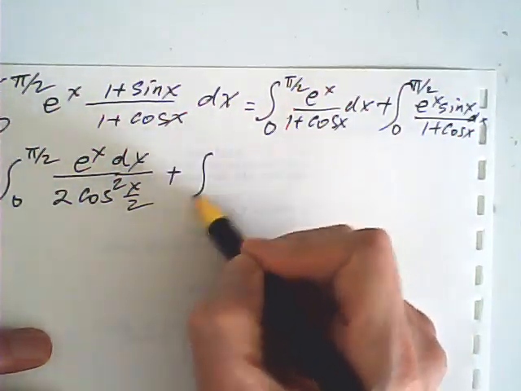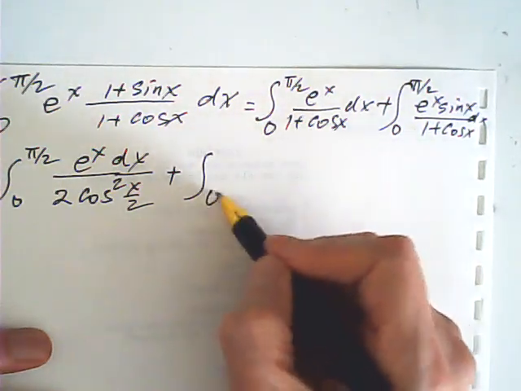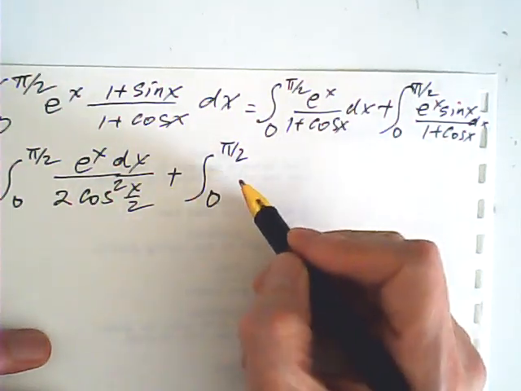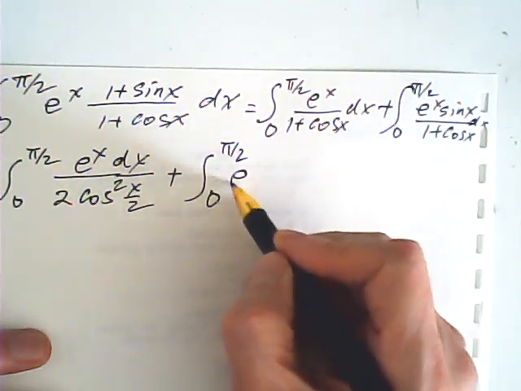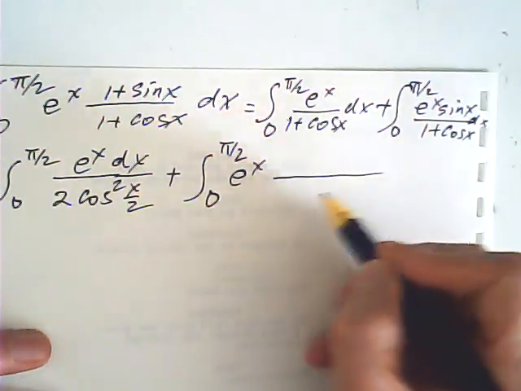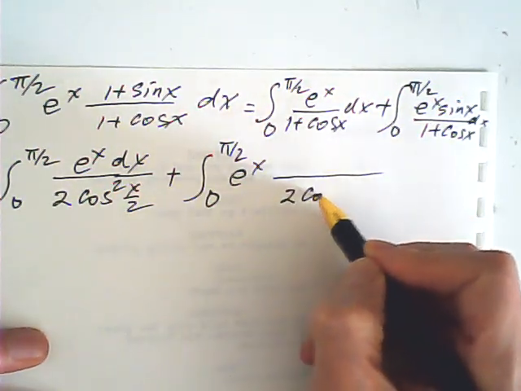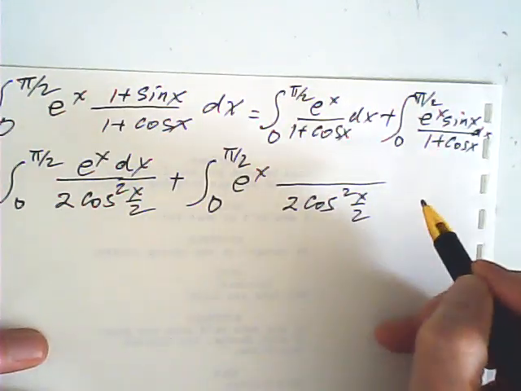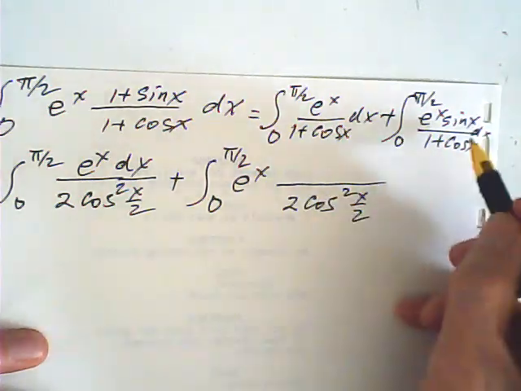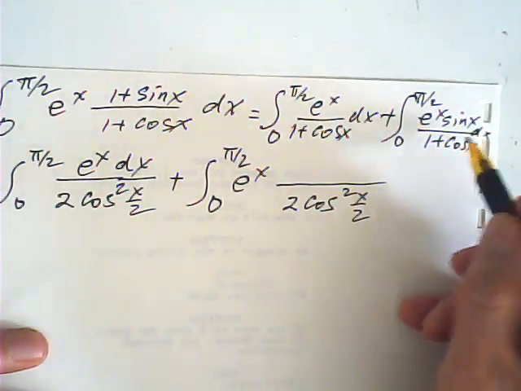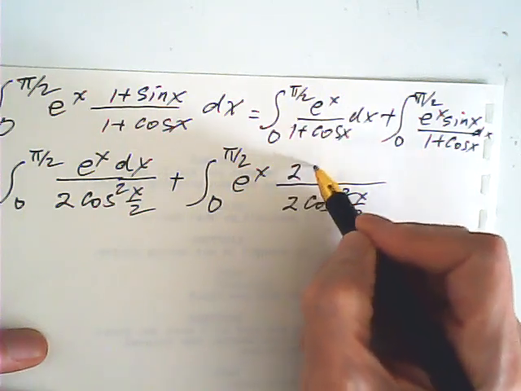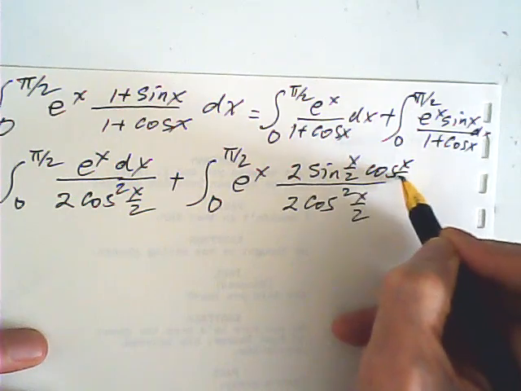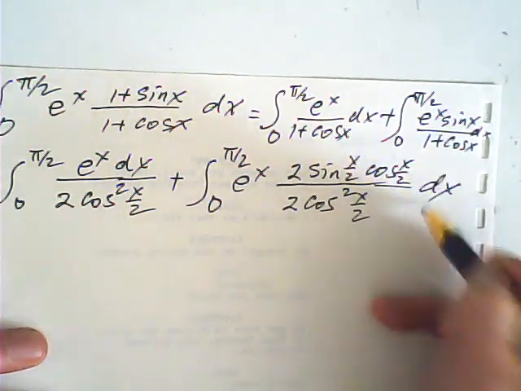And the second integral is e^x over 2 cosine square half of x, and the numerator is equal to 2 sine half x cosine half x dx.